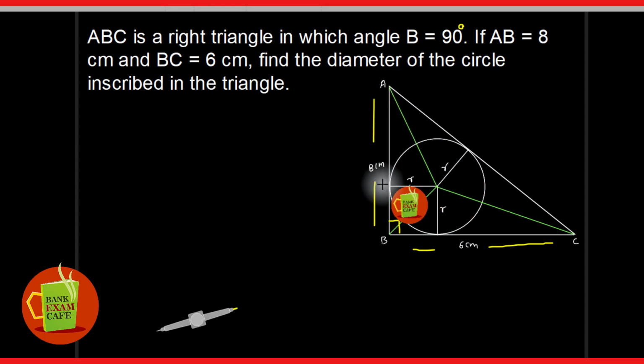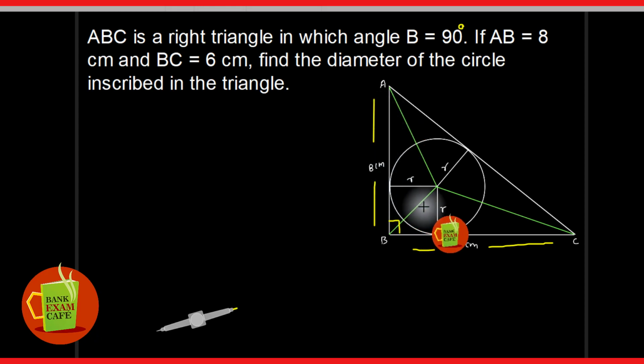Here friends, what we will do, we will first find the area of triangle ABC, correct? We can find the area of triangle ABC as 1/2 base into height, that is 6 into 8.